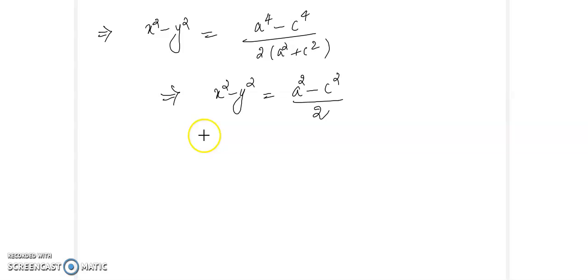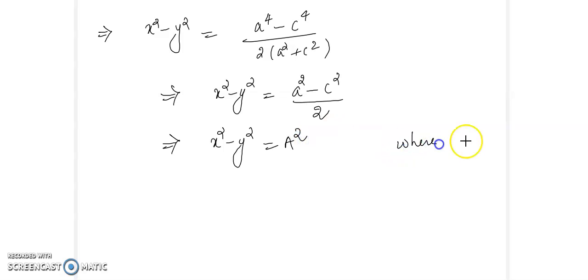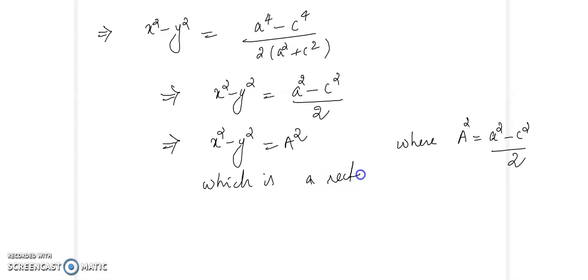So therefore we get the equation x square minus y square equal to k square, where k square equals (a square minus c square) by 2. Which is a rectangular hyperbola. So therefore the locus of the points will form a rectangular hyperbola. So that is the proof of the result.